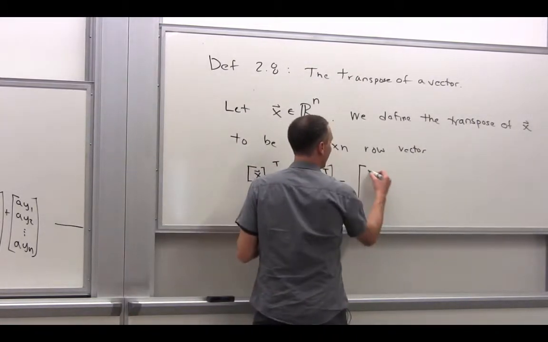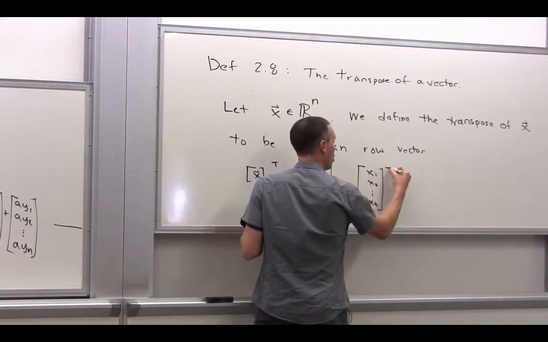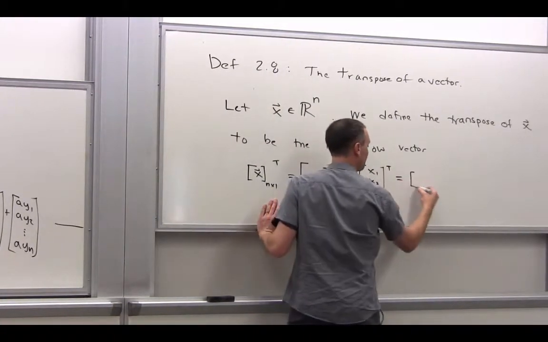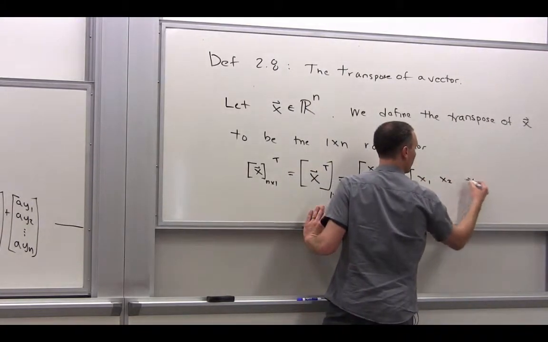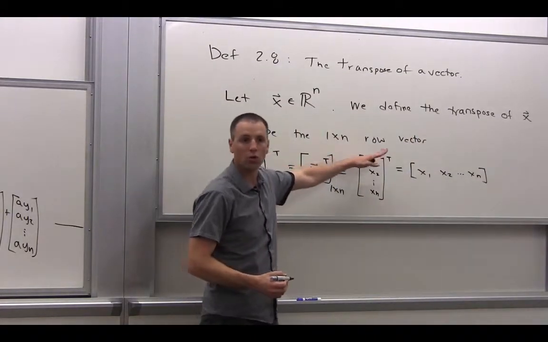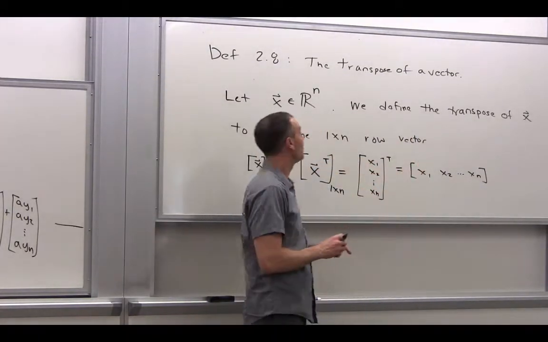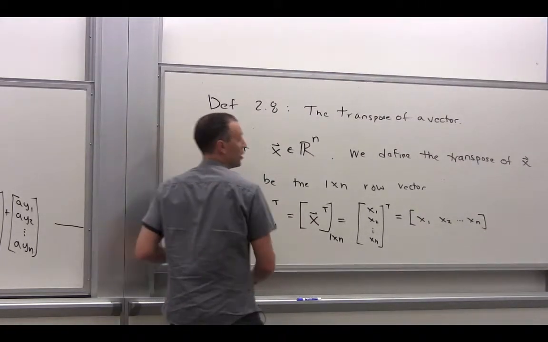Which means if I take x1, x2, all the way down to xn, transpose, what happens? We get x1, x2, xn as a row. In other words, the rows go to columns. Rows turn into columns.